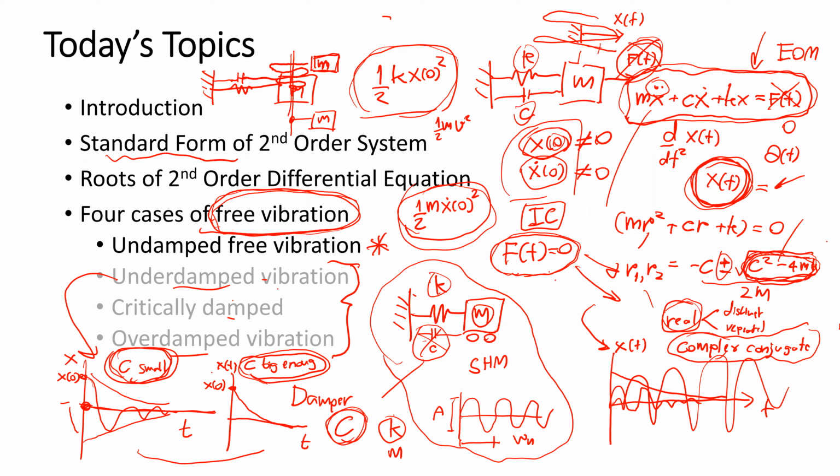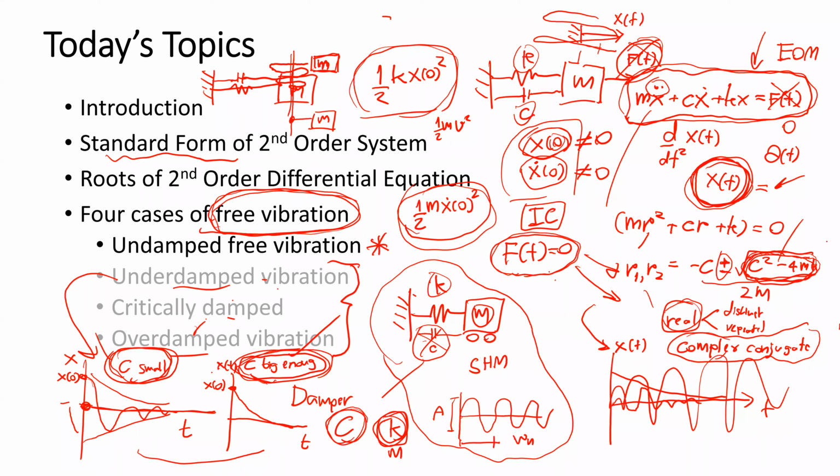Although you have a big damping coefficient, if you have a big K, the stiffness of the spring, the effect of the spring in the system will dominate, and maybe the system still vibrates, although you have a big value of C. But in some systems, if K is very small but C is big enough, you are not going to see the vibration, and it's going to be the overdamped case.